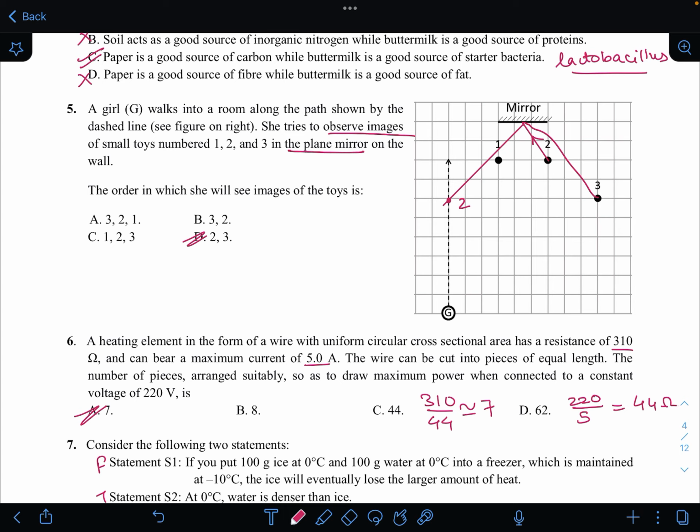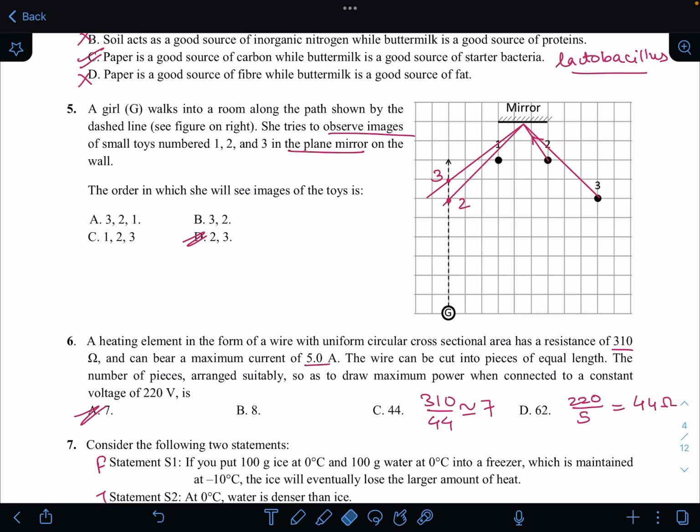If I draw a straight line onto the mirror and draw a line so that the angle formed on both sides of the normal is the same, we can very simply see that the third one will be visible right here. So the second one will be viewed first and then the third one, that is option number D. So this was the question, or let me just leave these annotations.